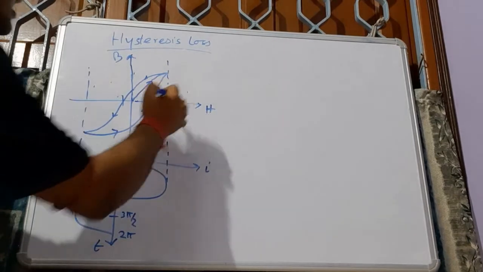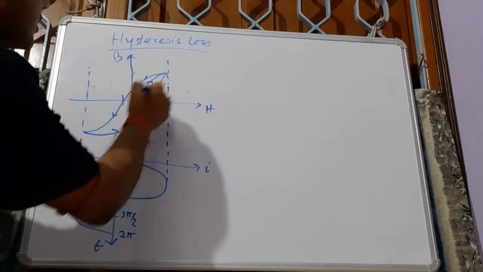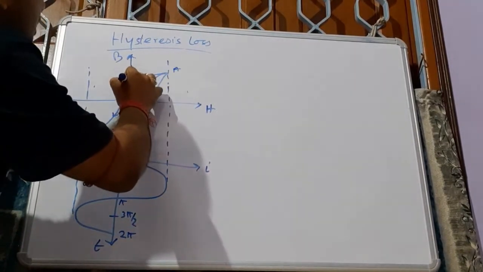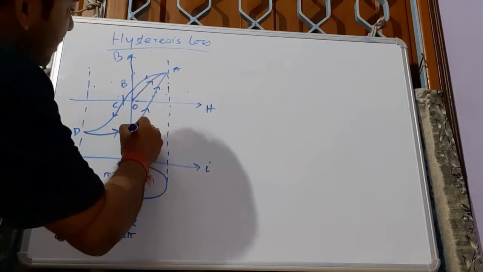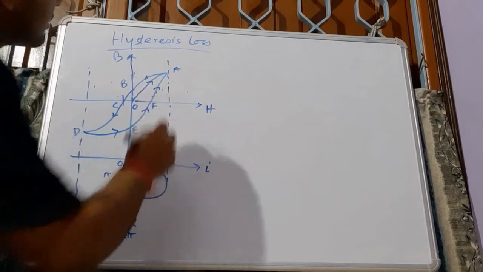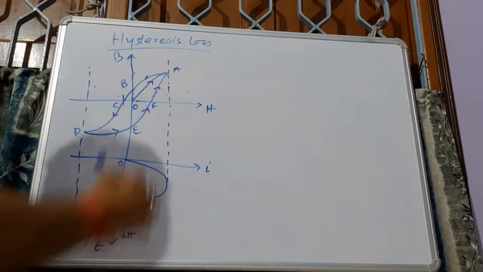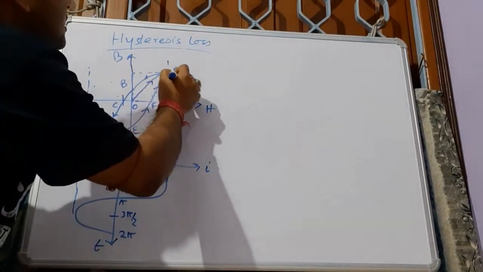Okay, let us name the points 0, A, B, C, D, E, F, G. And this is your B max, right?